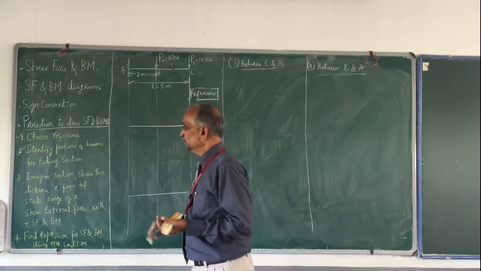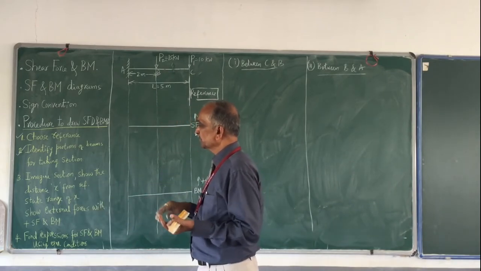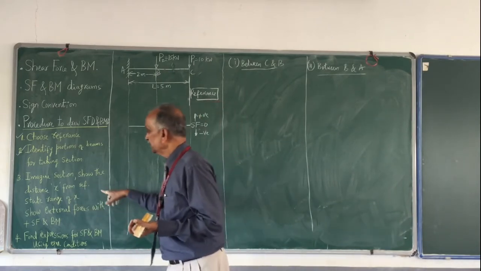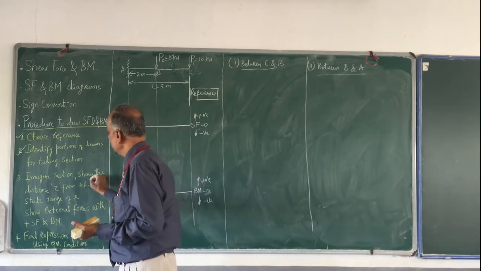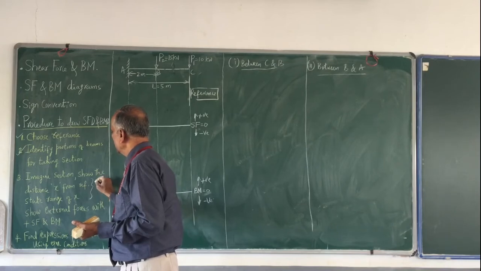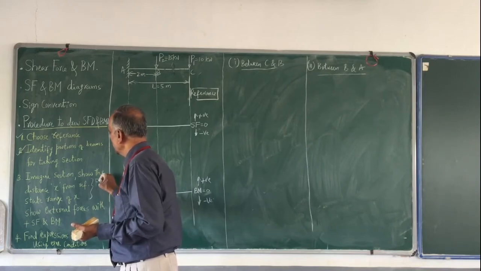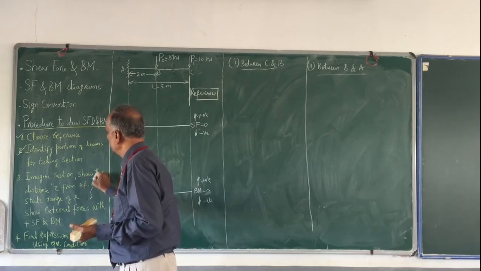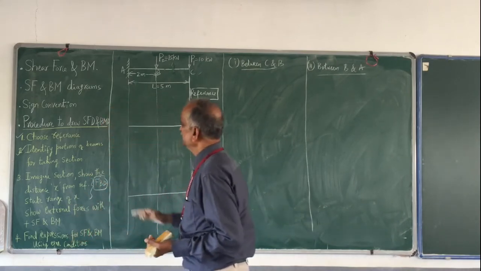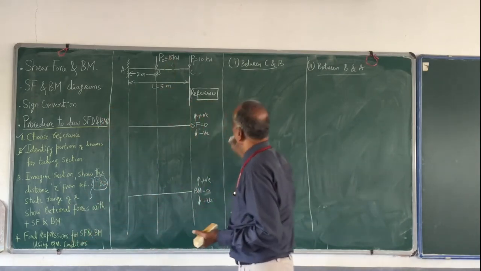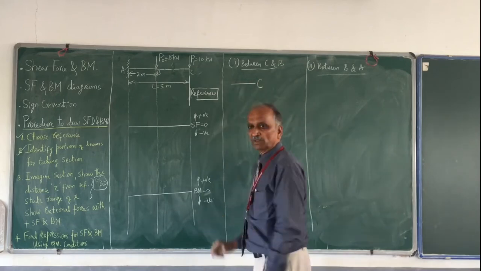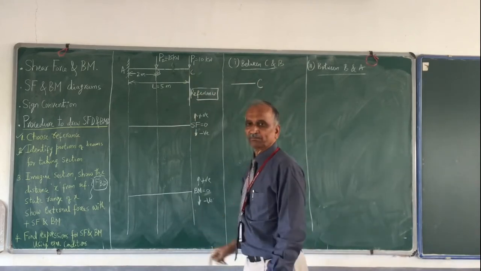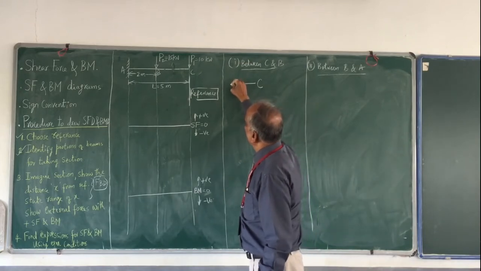Imagine a section. Show the distance x from the reference, and state the range of x. For all this, what you need to do is draw a free body diagram. Imagine a section, I am going to take a section here. This is portion C of the beam, and this is where I have cut it.